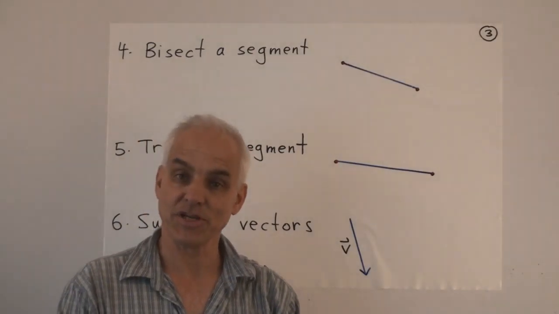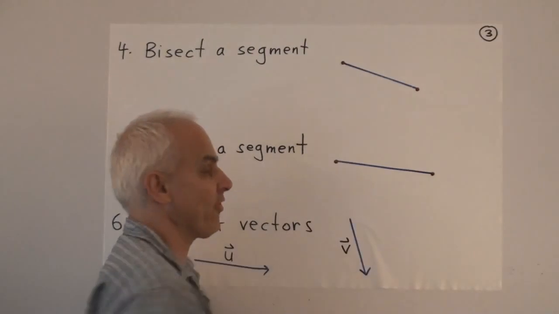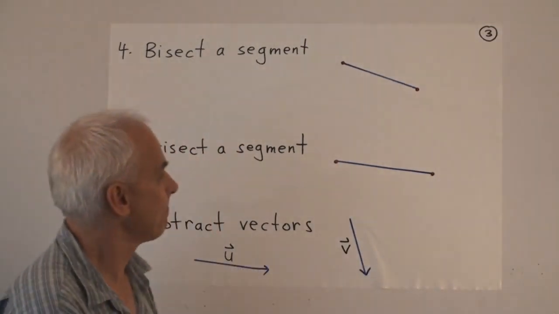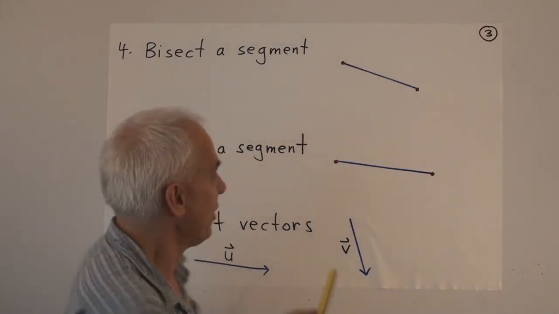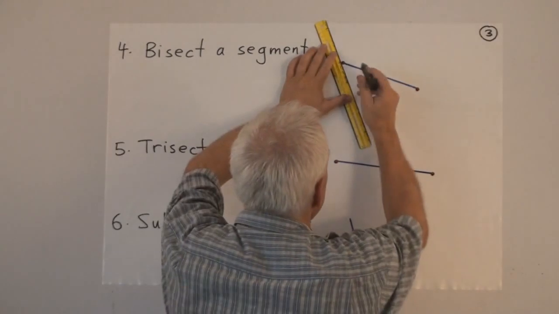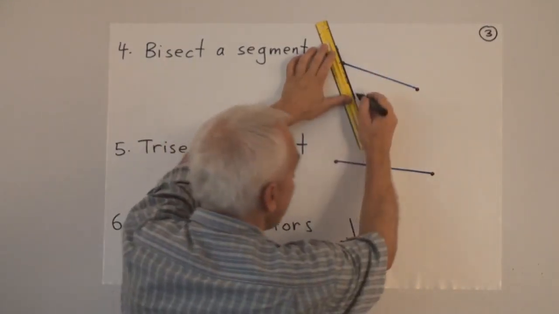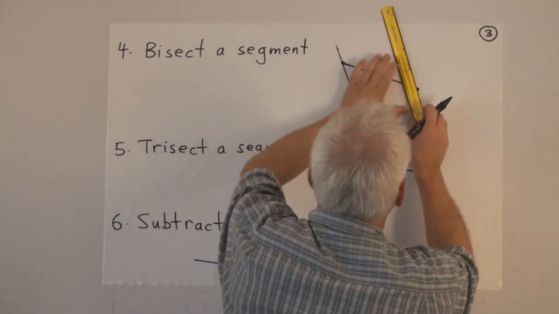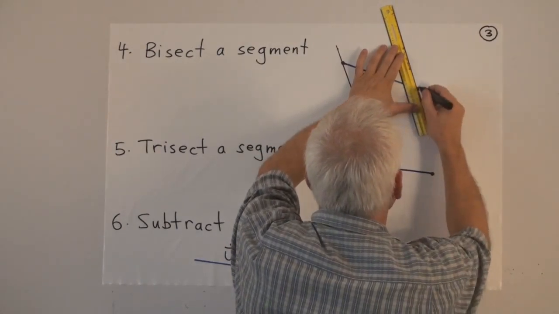Our next construction is to show how to bisect a segment. So here we have 2 points, and we want to find another point which is halfway between them. Well, what we do is we're going to use, again, a parallelogram. So we have to make a parallelogram, and let's arbitrarily choose some line through our first point, and another line through the other point, parallel.